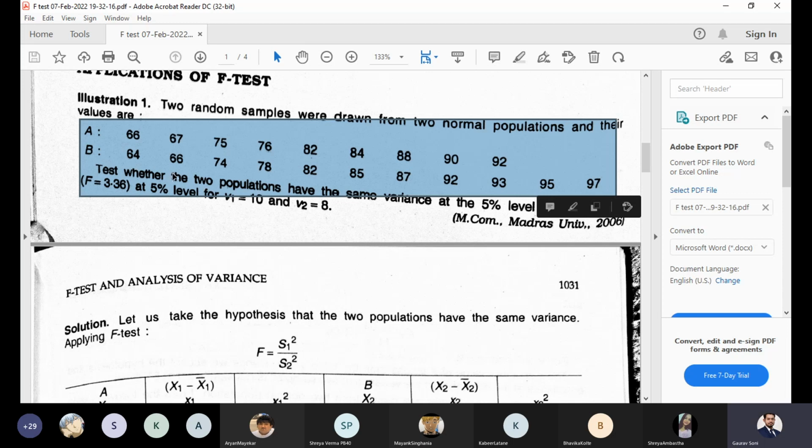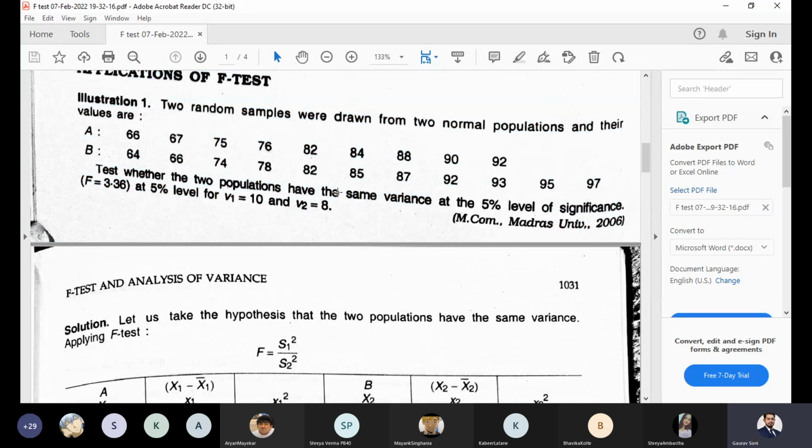Okay. What is the value of n for A? 1, 2, 3, 4, 5, 6, 7, 8, 9. And for B it is 11. Test whether the two populations have the same variance at 5% level of significance.